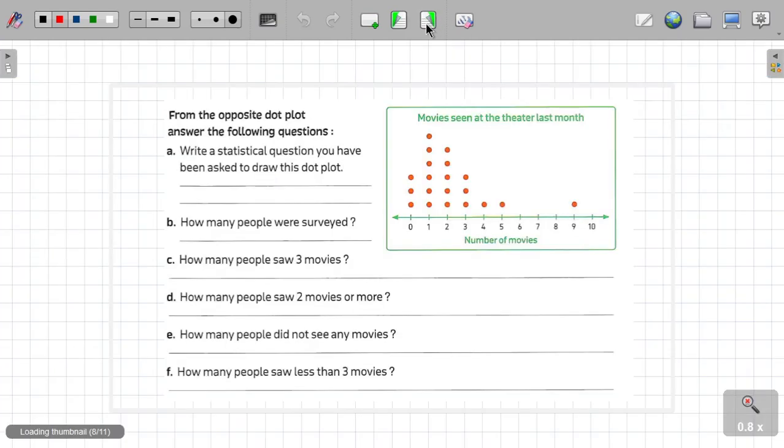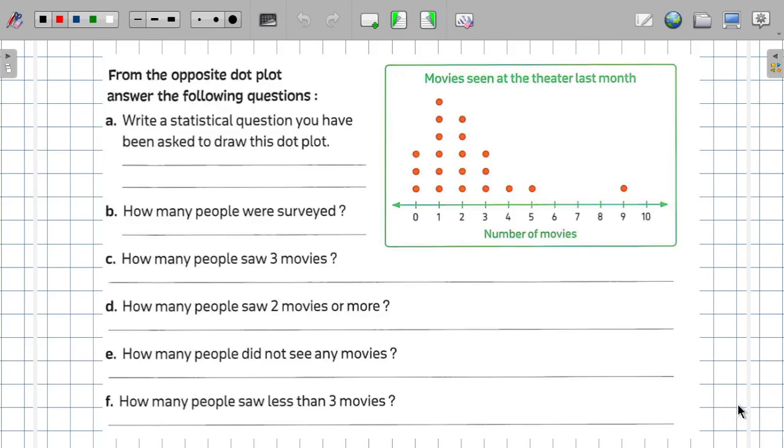Okay, so if I have an example like this, I have a dot plot and I want to ask many questions about this graph. So the first one here, it tells me to write a statistical question that I have been asked to draw this dot plot. Look at the title and you will know the question. Here it says movies seen at the theater last month.